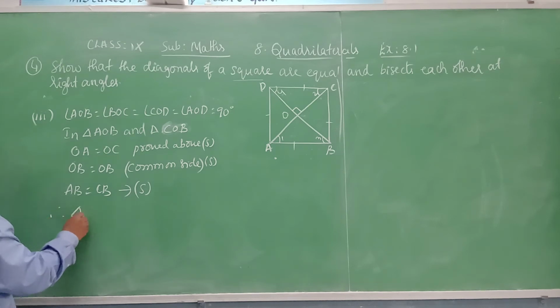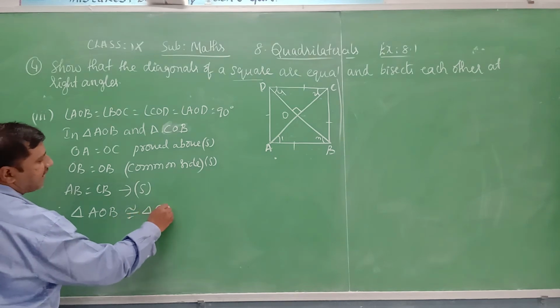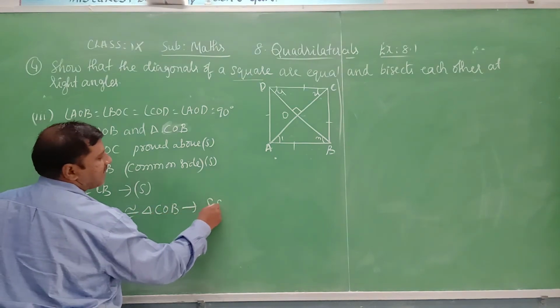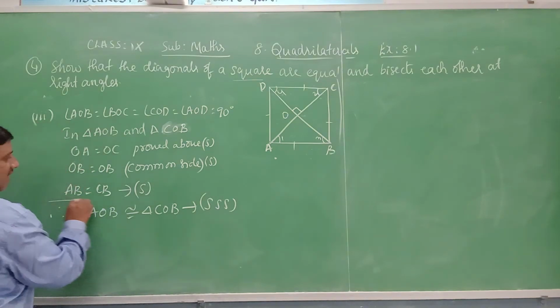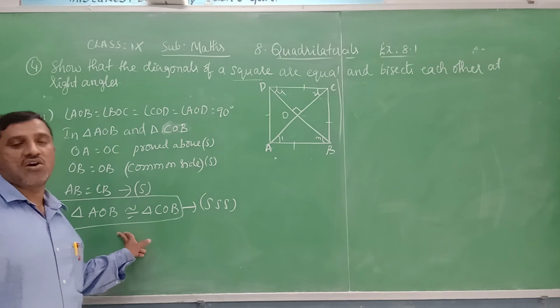Therefore, triangle AOB is congruent to triangle COB by SSS congruency criteria.